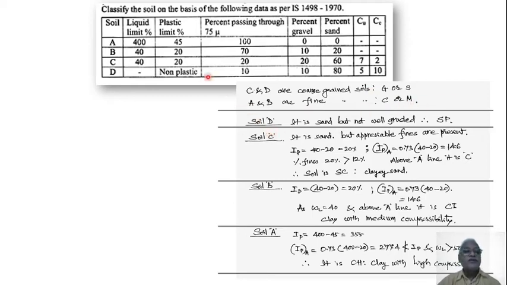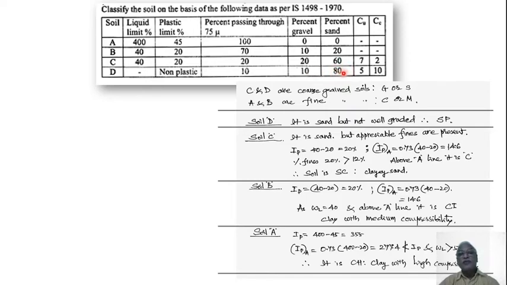Now starting with the bottommost, soil D, it is coarse grained soil, it is non-plastic, the percentage of gravel is 10, whereas the percentage of sand is 80. So comparing these two, I can say that it is sand because the percentage of sand is more.